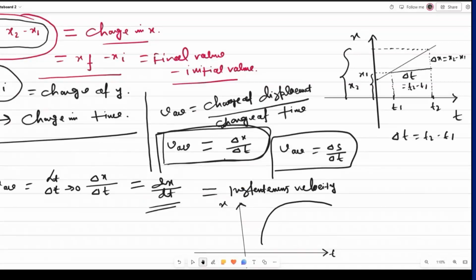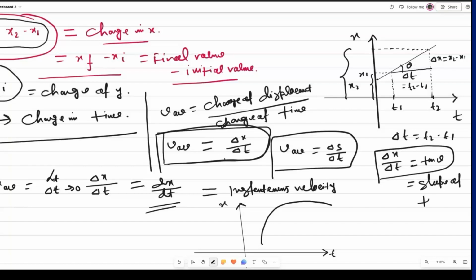Now, average velocity delta x by delta t is going to be what? It is perpendicular by base. This is called tangent of the angle, tan theta, isn't it? This is called slope of the line.